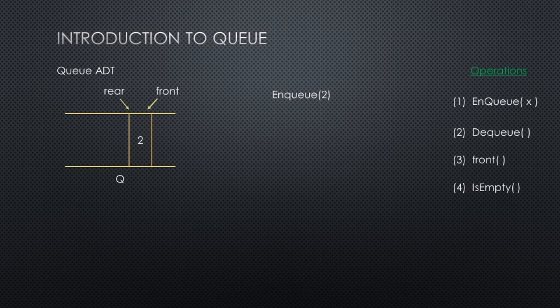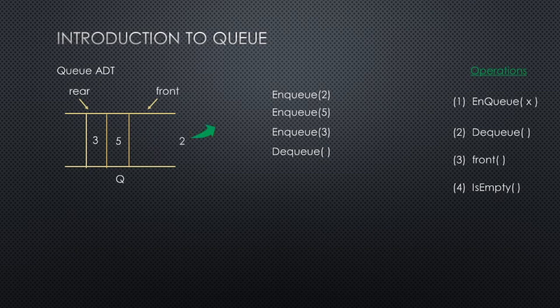Let's enqueue one more integer. Now I'm going to insert number 5. 5 will be inserted at the rear of the queue. Let's enqueue one more. Now I want to call the dequeue operation. So we'll pick up 2 from the head and it will go out.